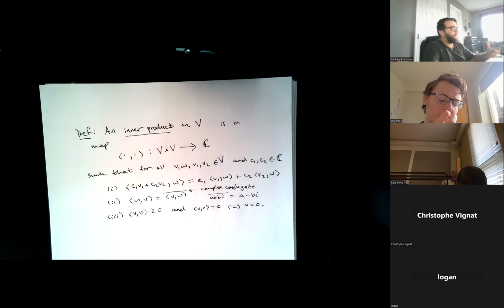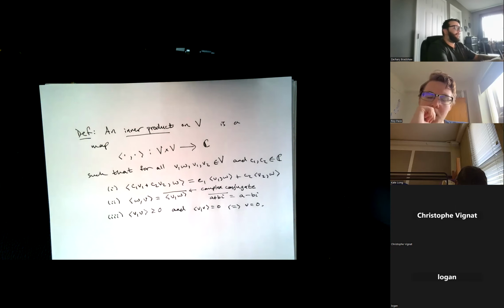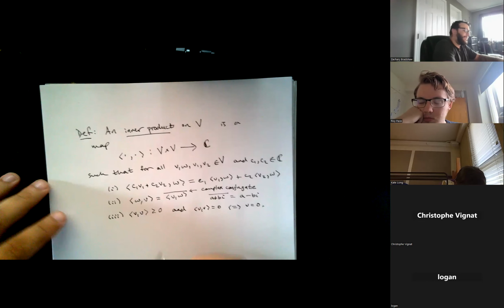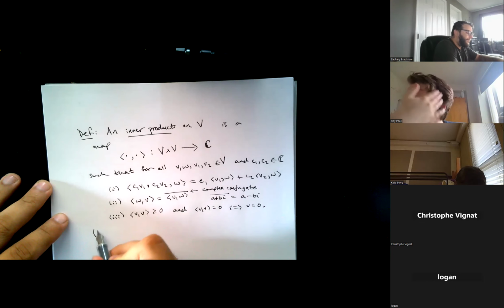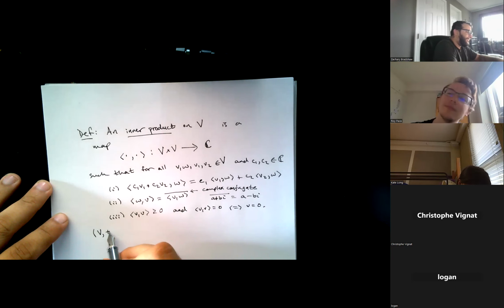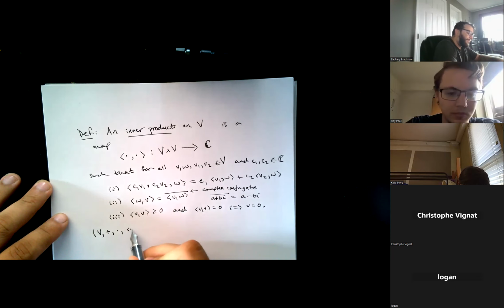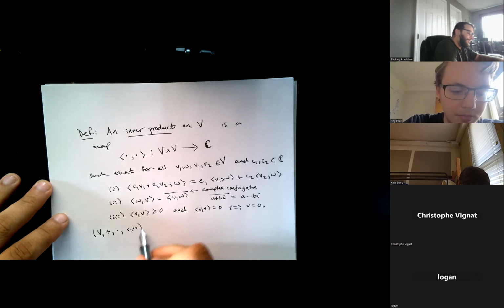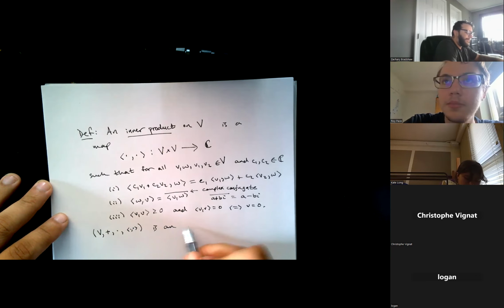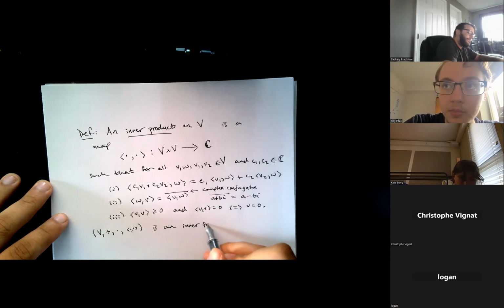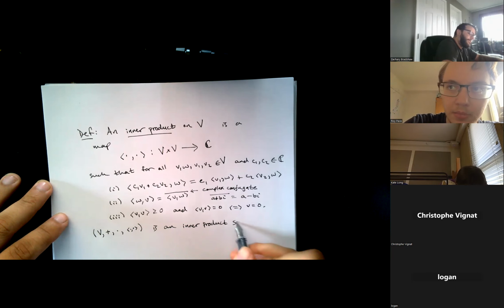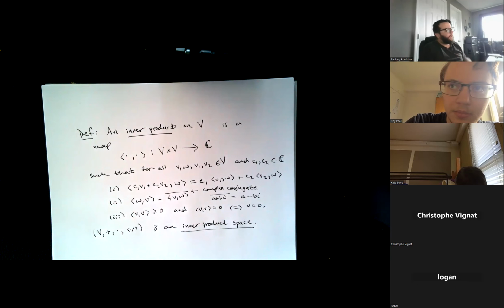Okay, so if you have a vector space, which is a set with addition and scalar multiplication, and you tack on one more thing, this inner product, then what it's called is an inner product space.